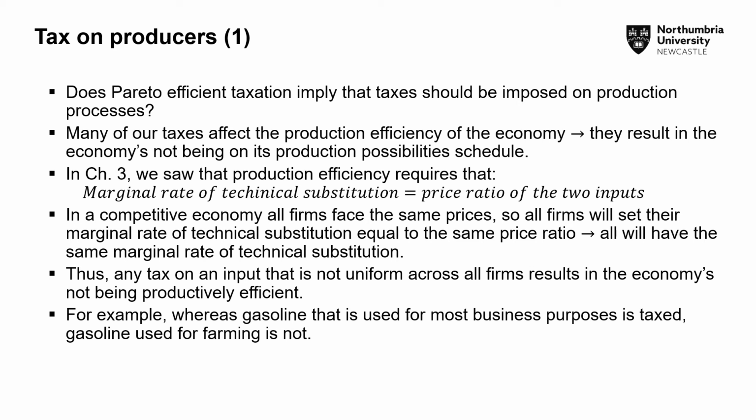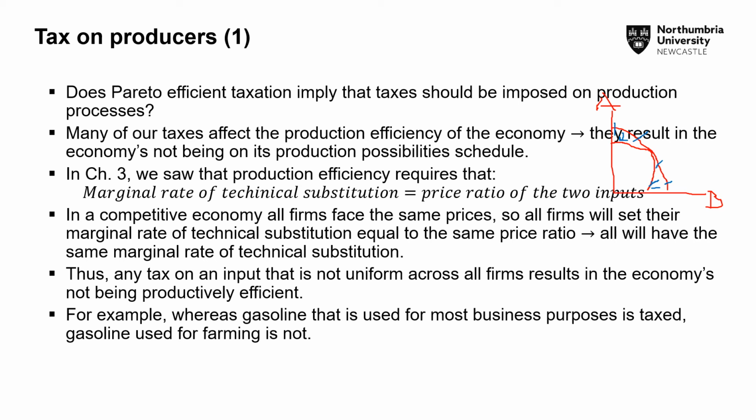If you recall, this is the production possibilities curve, assuming that we have good A here and good B. And what happens is if we introduce a distortion, we have an inward rotation of these elements from here to here, from here to here, inwards, that is. So that is the result of a distortion.